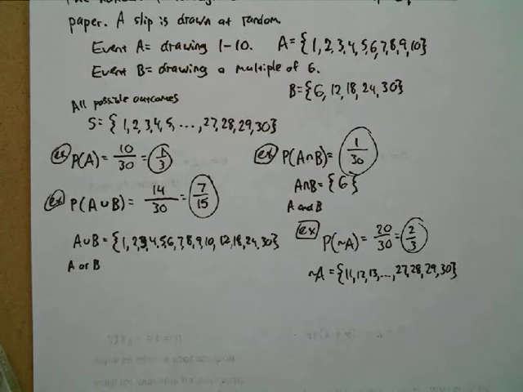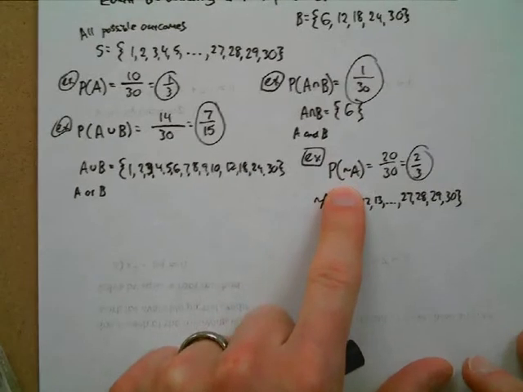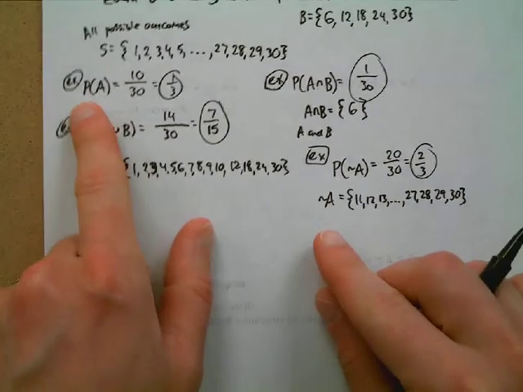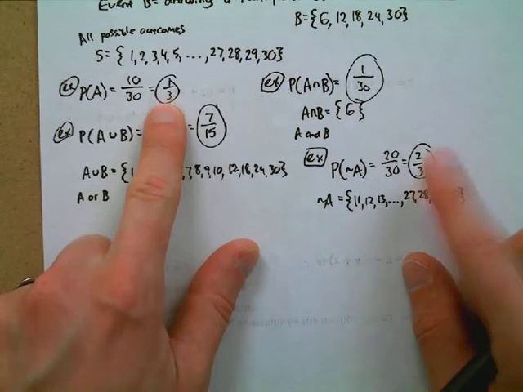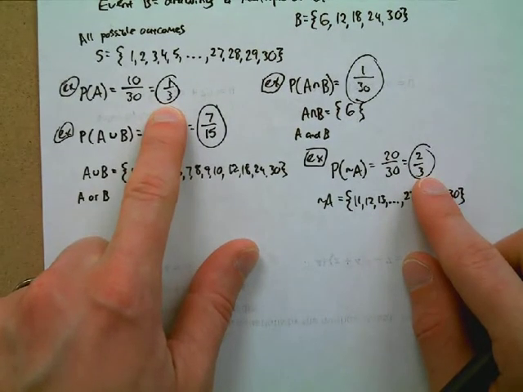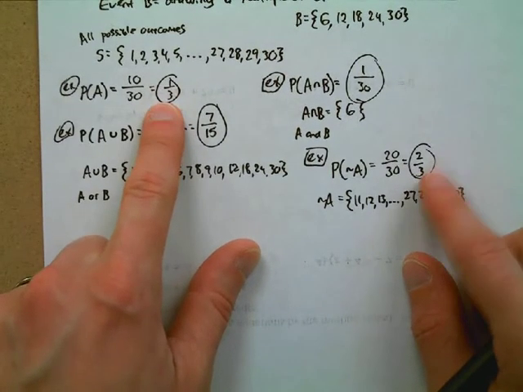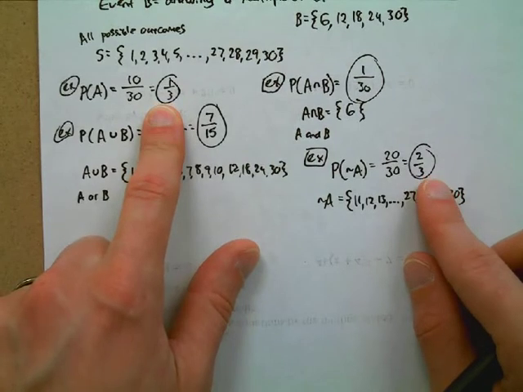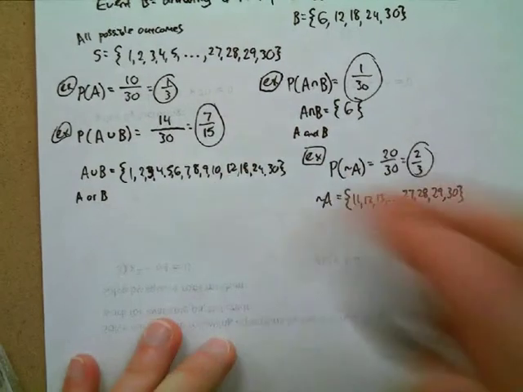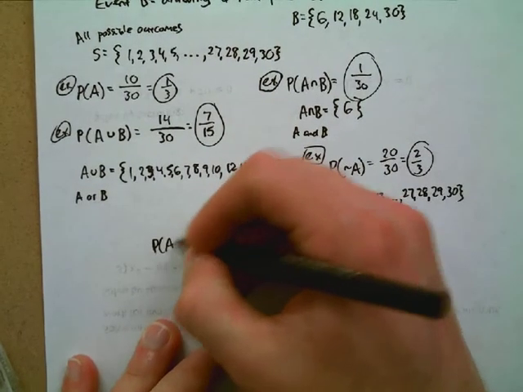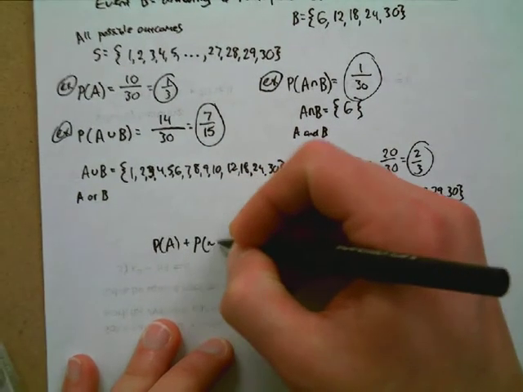Just as a little help here with these complement ones, you'll notice that if I take the probability of A and the probability of not A, what do these two probabilities add up to be? What's 1/3 plus 2/3? 3/3, or 1, right? So in general, the probability of A plus the probability of not A is 1.